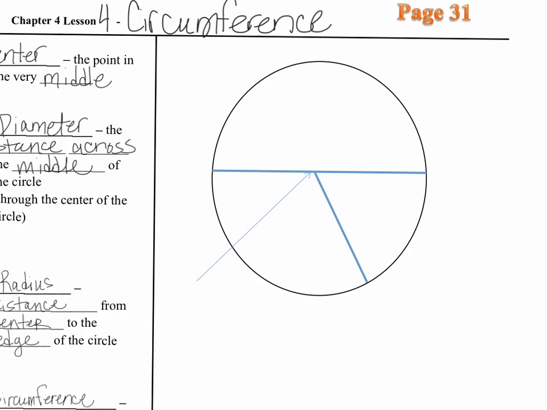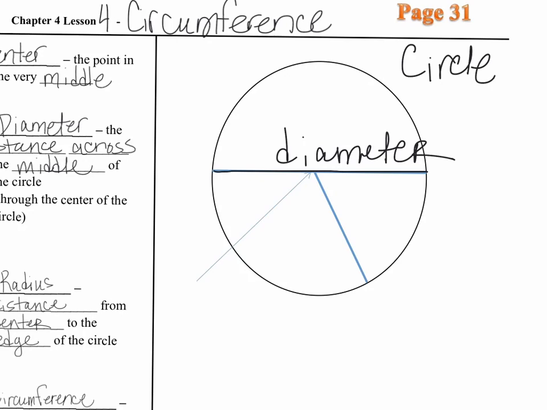Now we're going to label our circle here. This is a circle. The distance across the middle is your diameter. The distance from the center to the outside edge is the radius.